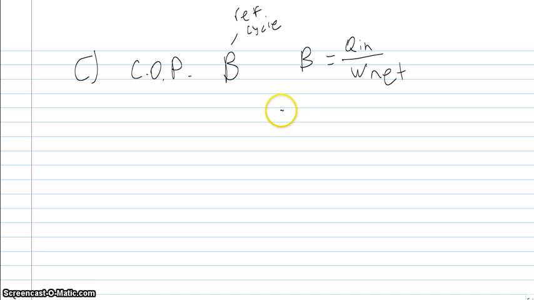We already found Qn. So, put that in. 22.4 over 6.08. And that equals 3.68. No units.